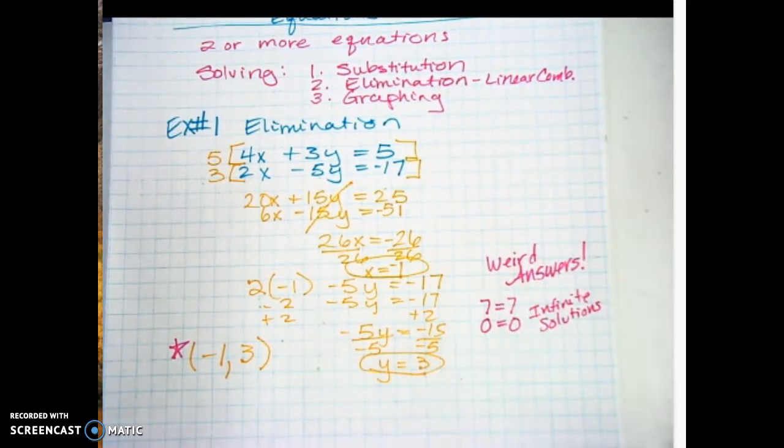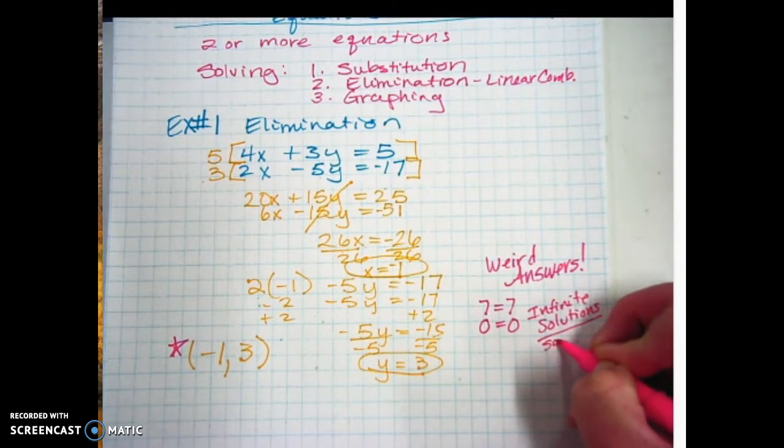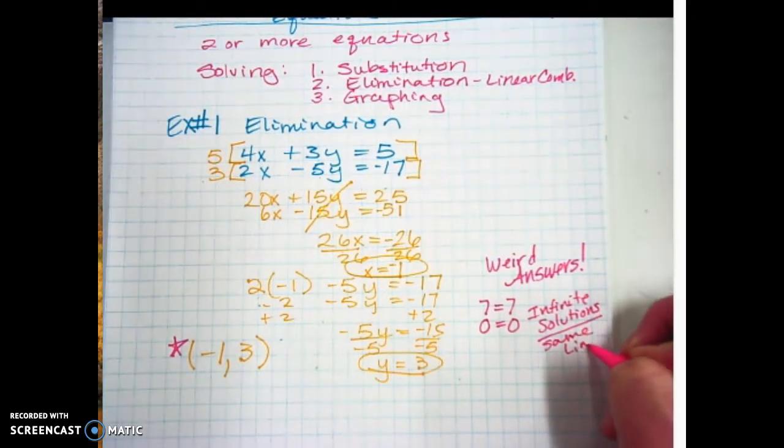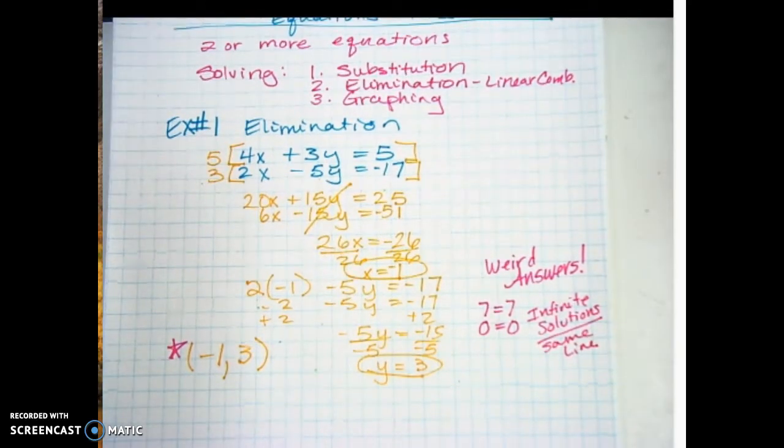If you were to graph it, what kind of graph would that be? They would be the same line, right on top of each other. So you'd basically be given two equivalent equations.